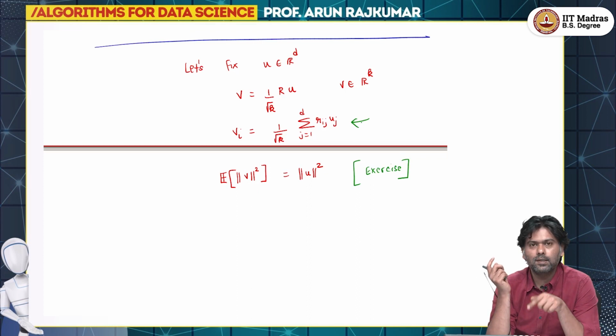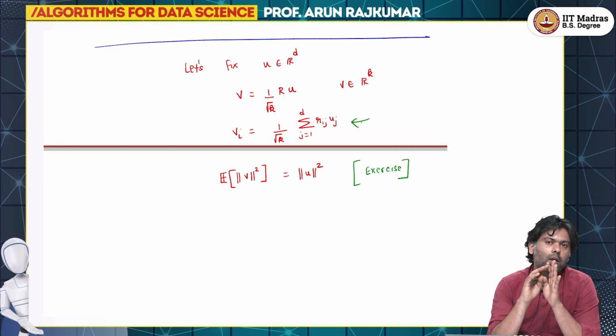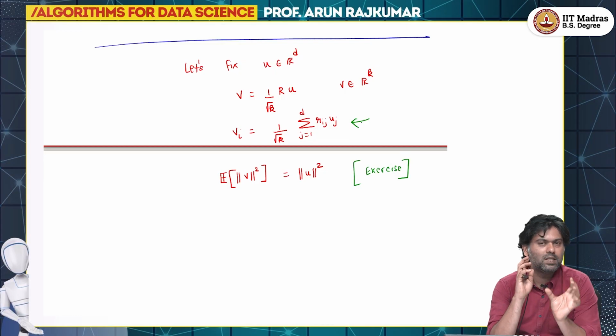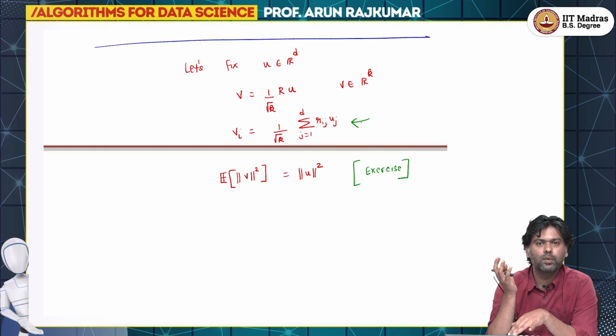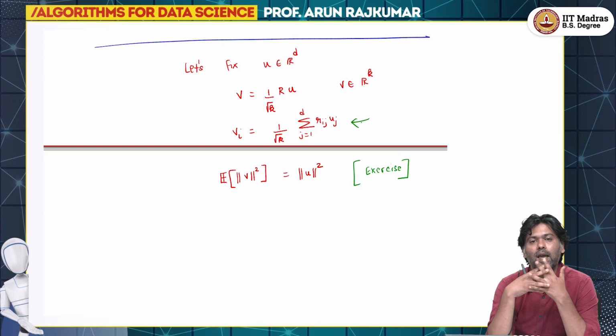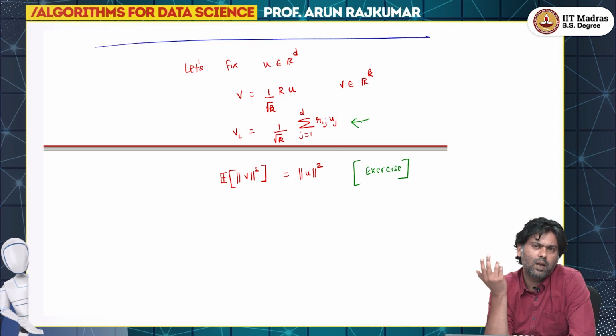But what we are saying is that if the rectangular matrix is Gaussian, scaled by square root of k, then of course for any specific instance of the Gaussian, the length is not going to match. But if I repeat the experiment infinite times, then the lengths are going to match. So, the expected value of norm v squared is exactly norm u squared, which means that on an average, if I do the same experiment multiple times, then I will preserve lengths.